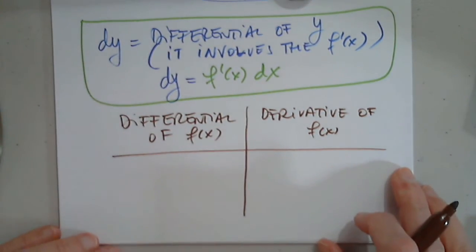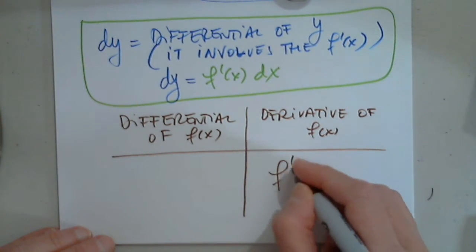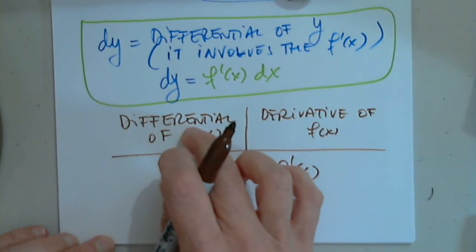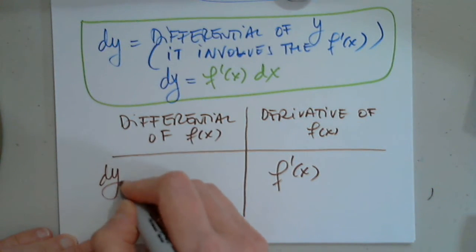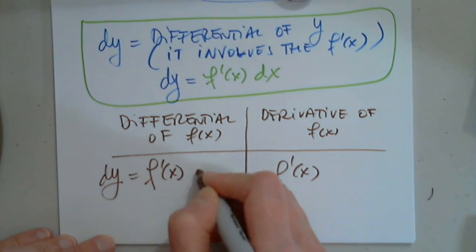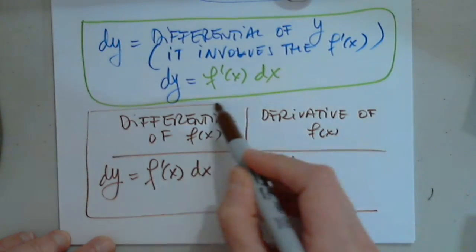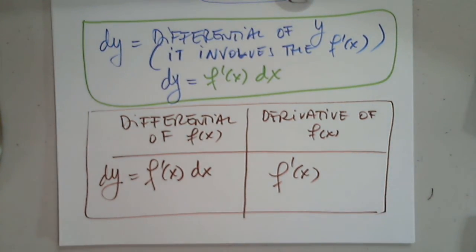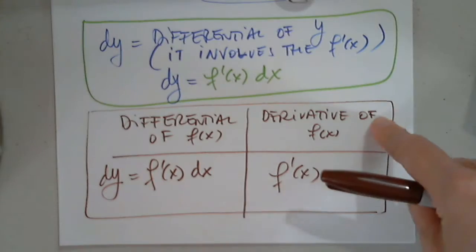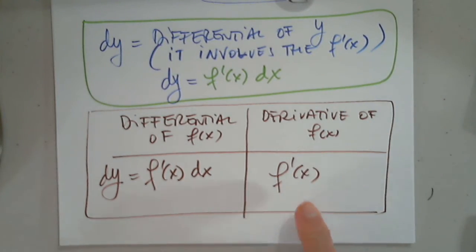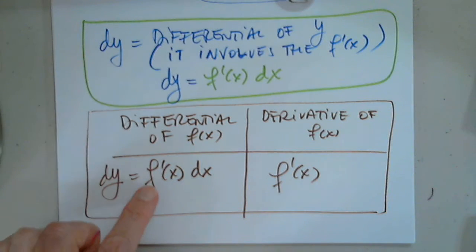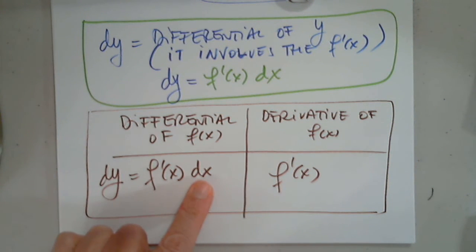There are 2 different things. This one is just f prime. This one is dy equals f prime of x times dx. Not to be confused. When we're asked to find the derivative, we find this. When we're asked to find the differential, we have to find f prime and multiply by dx.